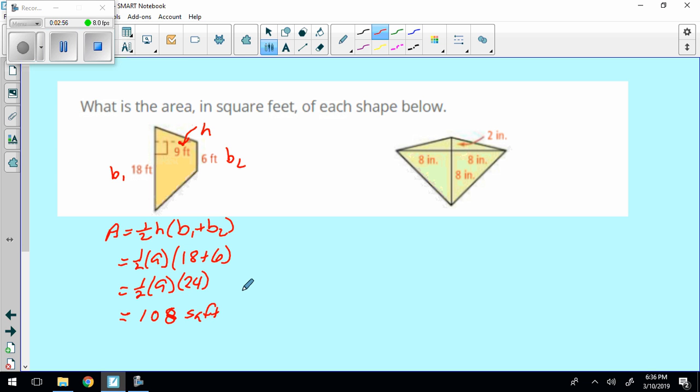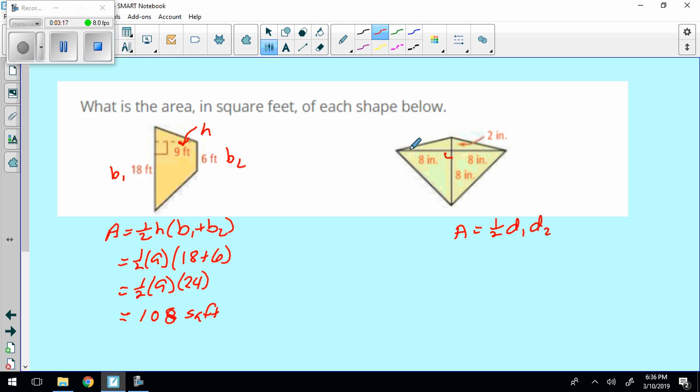On the second one, the shape is a kite. In a kite, the diagonals are perpendicular to each other. The formula for the area of a kite is 1/2 diagonal 1 times diagonal 2. Now a diagonal goes from vertex to opposite vertex.